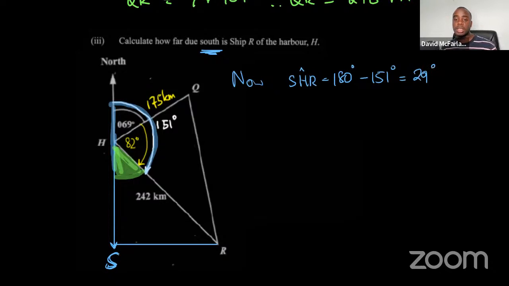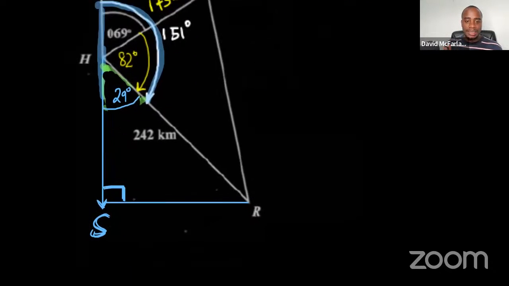So now I know that this little angle in here is 29 degrees. We're dealing with the south, and if you're looking at it from here, this would be a right angle because R is looking across to the south line. Follow me? So here you notice that we have a right angle and we want the length HS.